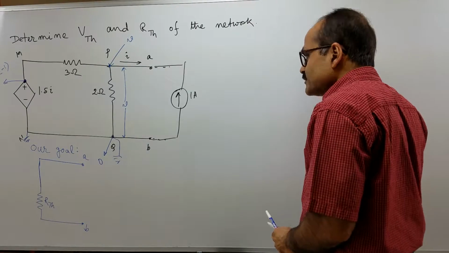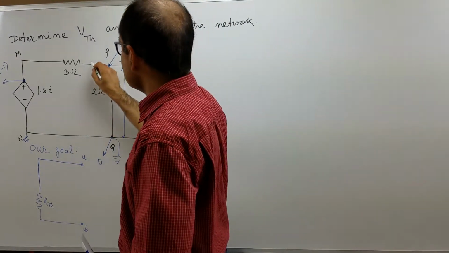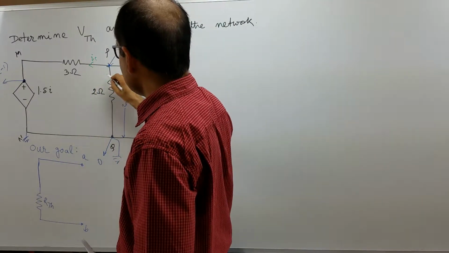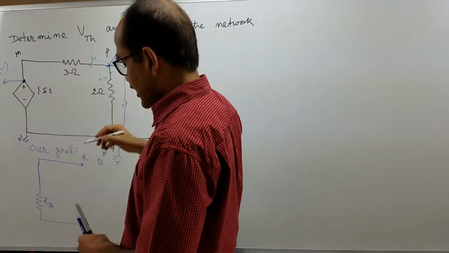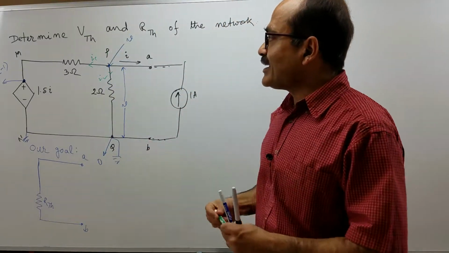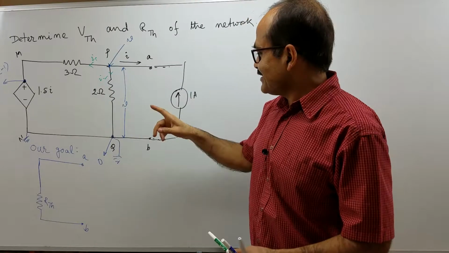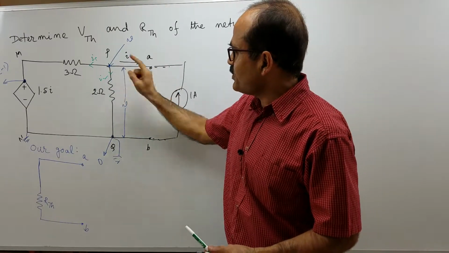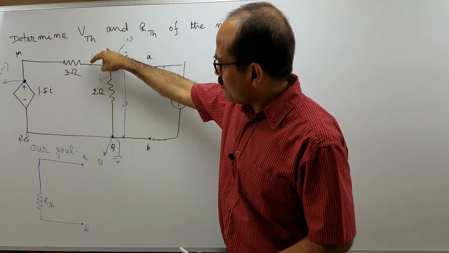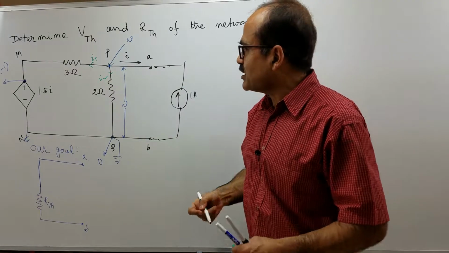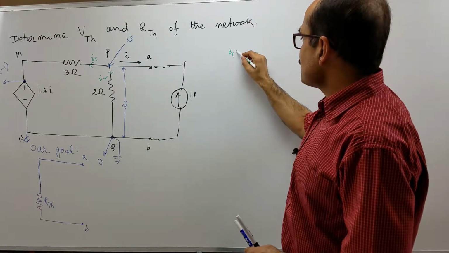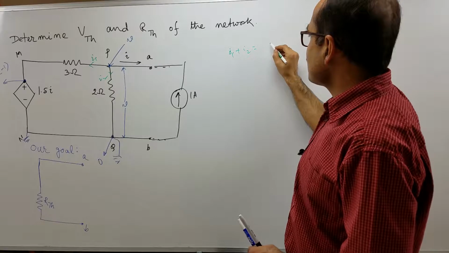Now, assume that the current through this is I1 and the current through this is I2. If I apply KCL at P, I see that 1 ampere is entering P and I1 and I2 are exiting P. So, I1 plus I2 is equal to 1 ampere.